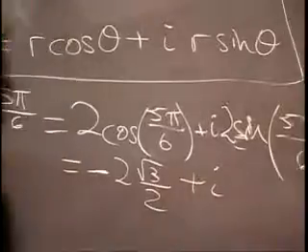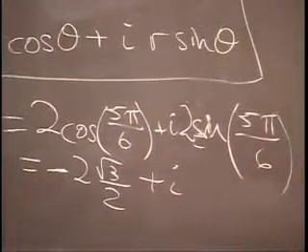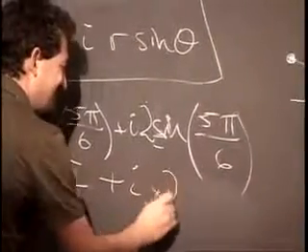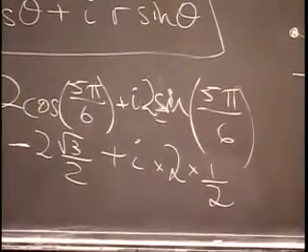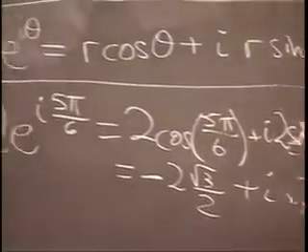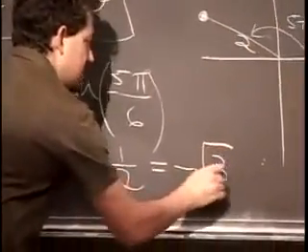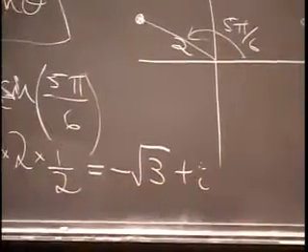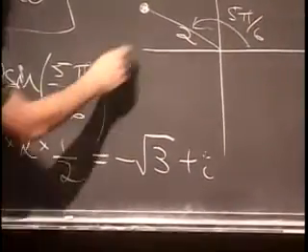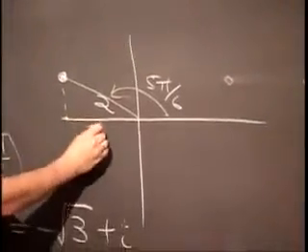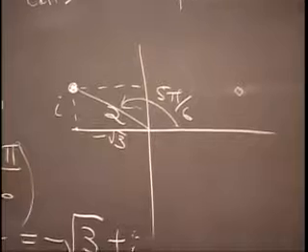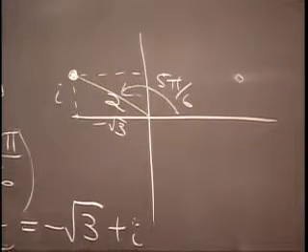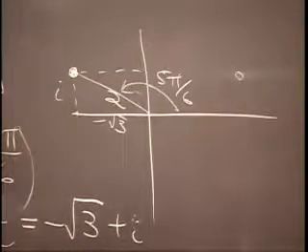Whereas sine pi over 6 is a half, and in the second quadrant, sine is positive. So I get negative 2 root 3 over 2 plus I times 2 times a half. So this is just negative root 3 plus I. And if you look at the picture above, it looks totally plausible that this should be negative root 3 and this should be I here. It's minus root 3 comma 1. That's the point.